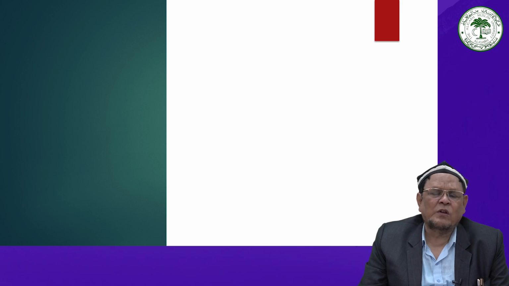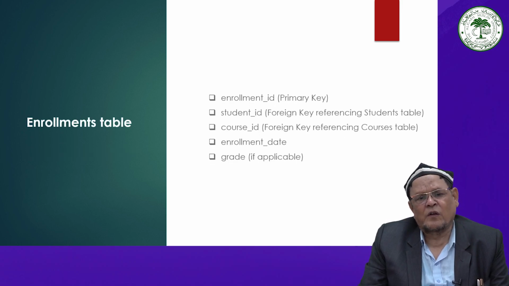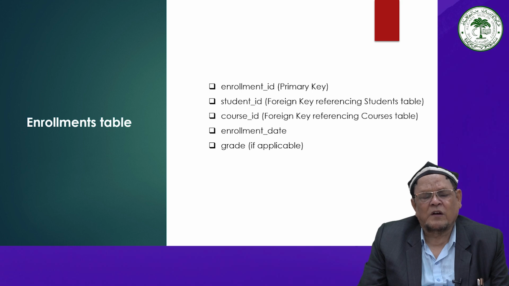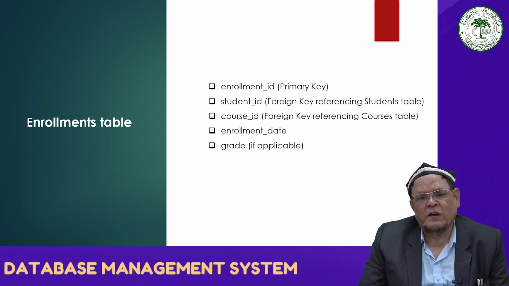The next table you have to create is the enrollment table. Enrollment contains 5 attributes. First is enrollment ID, the primary key. Next is student ID, a foreign key referencing the student table. And then course ID is a foreign key referencing the course table.